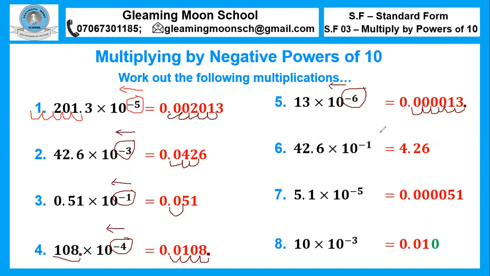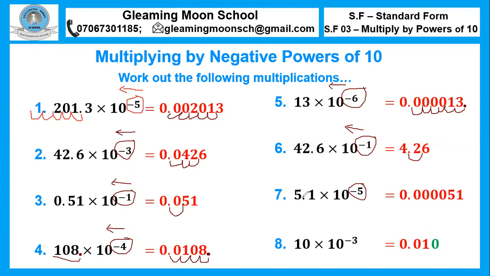Okay. Number 6, it says 1 place. And your decimal point is between 2 and 6. So from 2 and 6, you just move it once, and it brings you straight to where you are. Remember, you're moving it to the left. And then number 7, your power is -5.